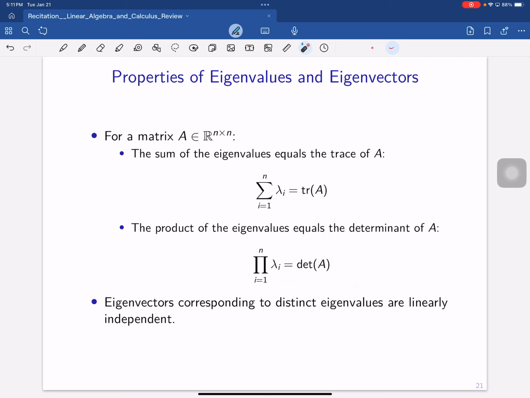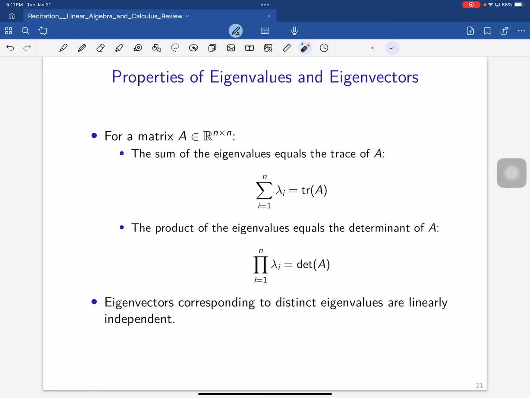Remember that the determinant represents the volume change of this linear transformation. If you multiply all the eigenvalues together, each eigenvalue gives you how much you are stretching each dimension, and multiplied together that gives you the overall volume, how much you are stretching this whole, let's say, 3D or n-D space.